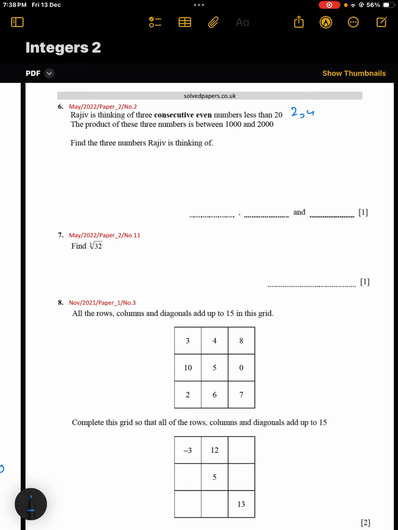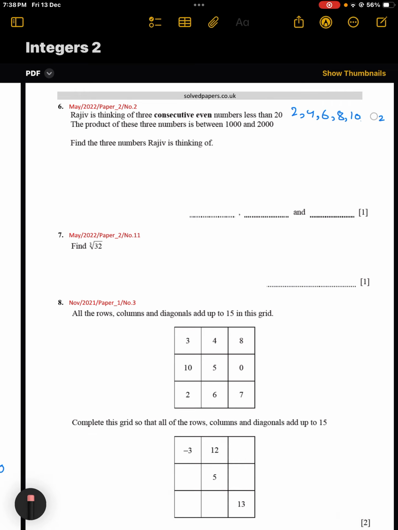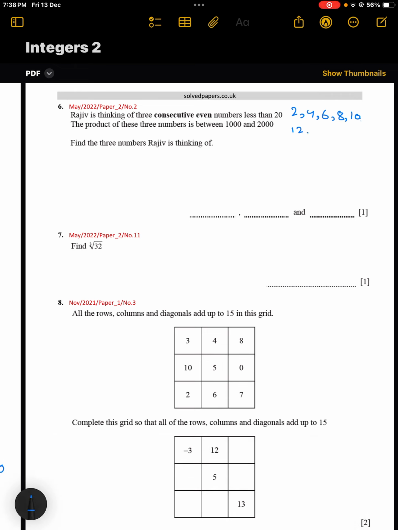So 2, 4, 6, 8, 10, then 12, 14, then we have 16, 18, 20. So 1, 2, 3, 4, 5, 6, 7, 8, 9, 10. But less than 20, so I'm not including 20.